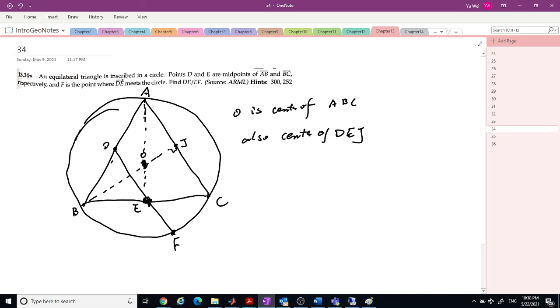Okay, now because it's a ratio, right? We can assume the side AC is equal to 2 for us to calculate easily, right? So 1, 1, 1, 1. So the side DE is equal to 1.